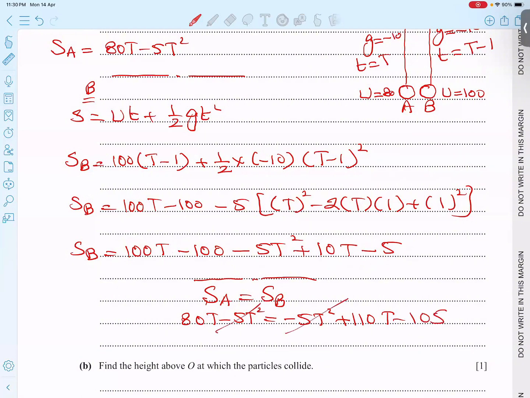This cancels out. And I will bring 105 on this side and this on the other end. And what do I get here, students? 30t equals 105. If I divide 105 by 30, I get 3.5, and that was our task to prove.